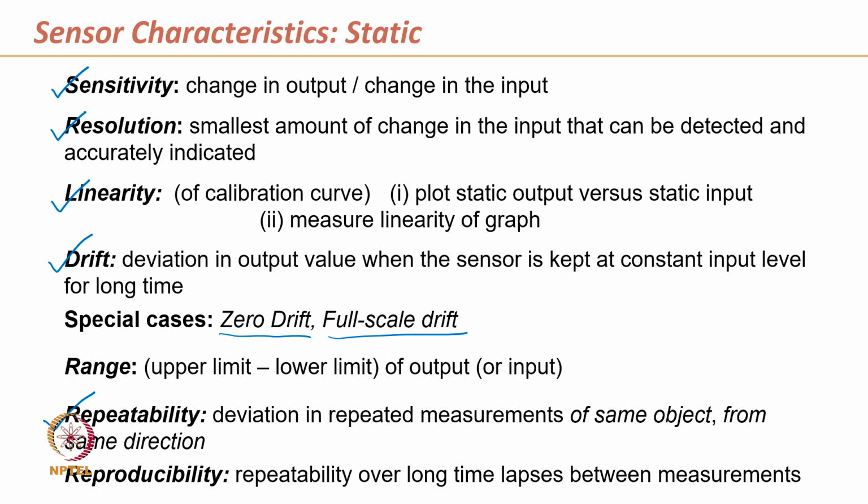This is called the repeatability issue. So, sensors have this repeatability issue. Reproducibility is another characteristic which is a static characteristic. It is repeatability over long time lapses between the measurements. So, these are some static characteristics which we are going to discuss in detail.